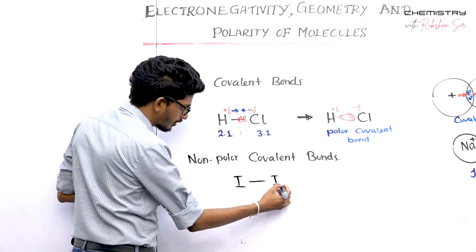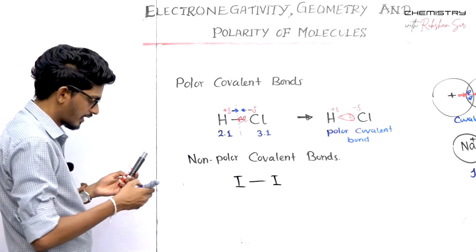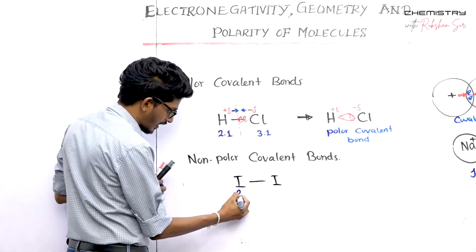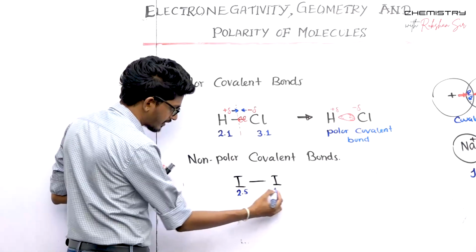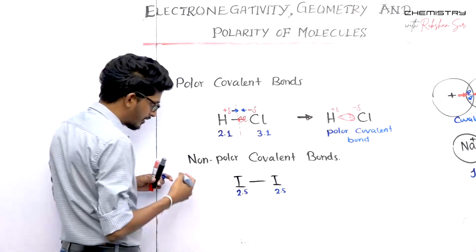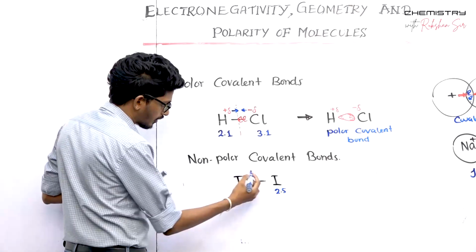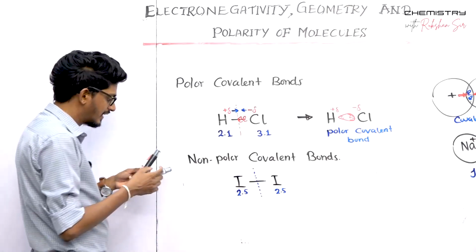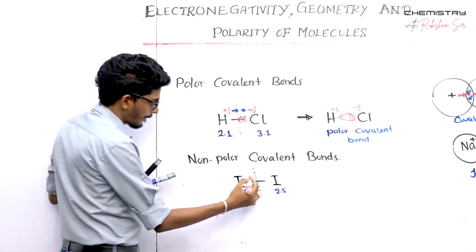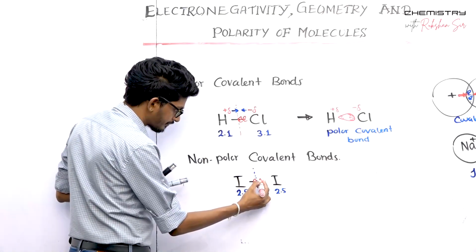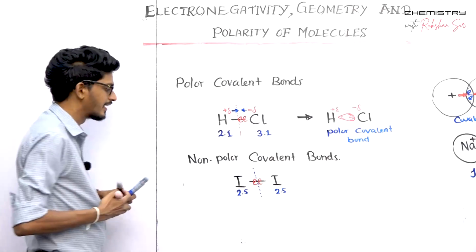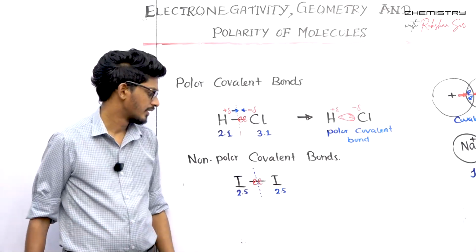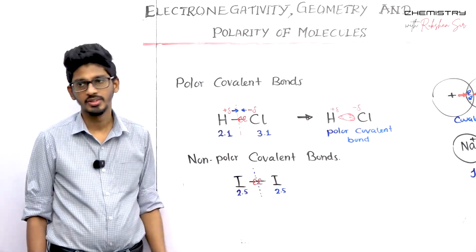So in the I2 molecule, as the two atoms connected have the same electronegativity, the bonded electron pair will be shared evenly by the two atoms. No one will attract the electron pair heavily. Both share the two electrons evenly.